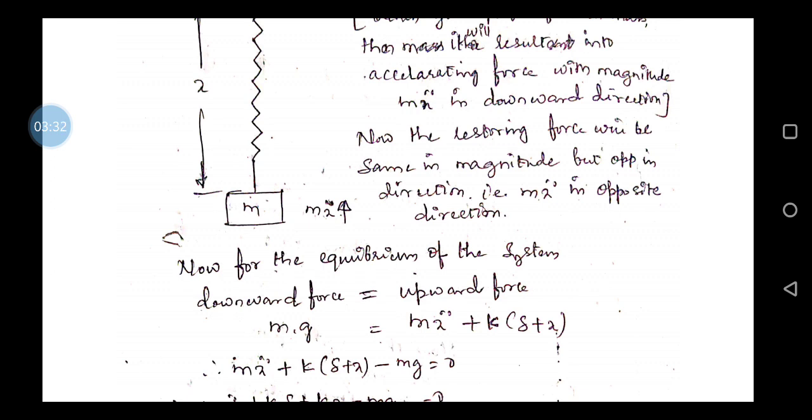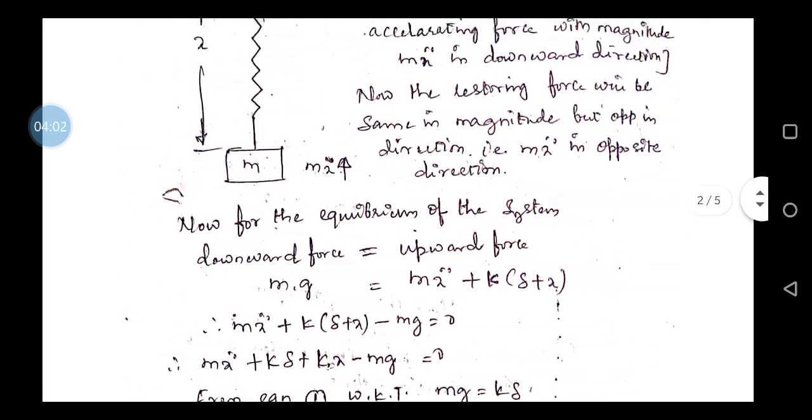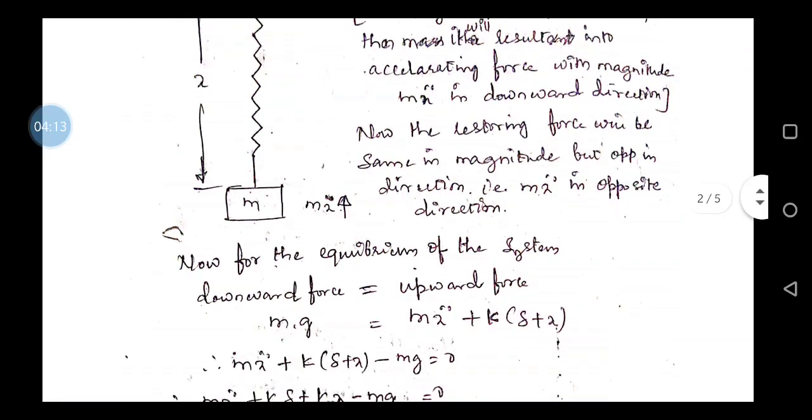Now if I consider the equilibrium of the spring mass system, then the downward force should be equal to the upward force. The downward force is given by m into g, which we have seen in equation number 1, and the upward force for the spring mass system after the application of the external force is given by m x double dot plus k into delta plus x, where delta is the initial displacement after attaching the mass and x is the additional displacement after I apply the downward force on the mass.